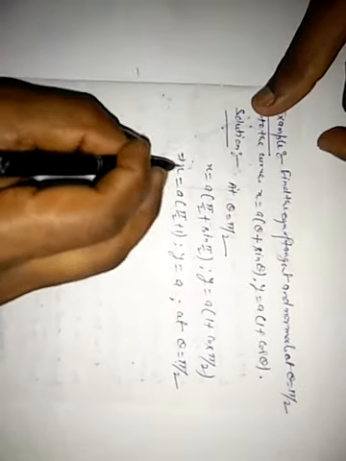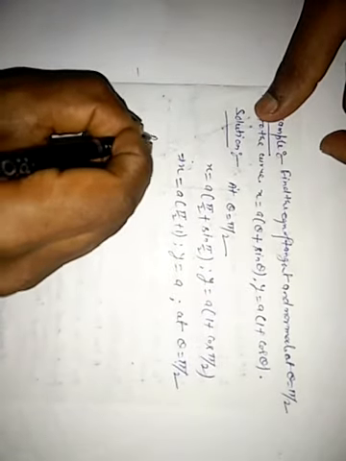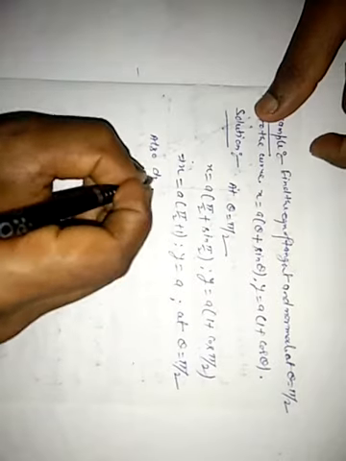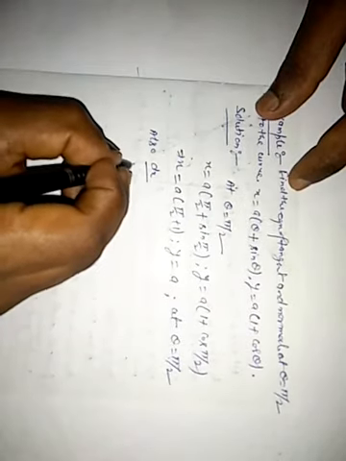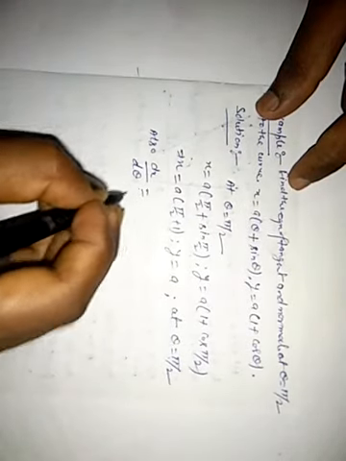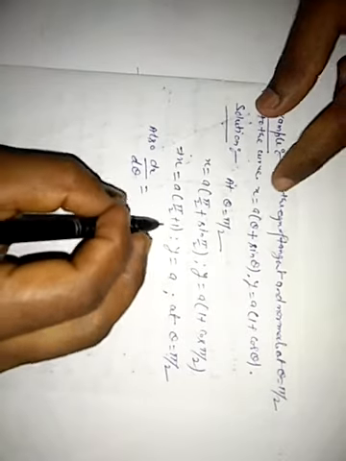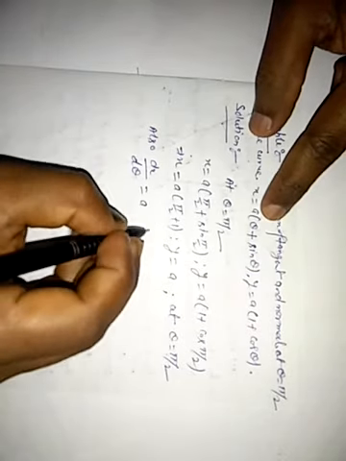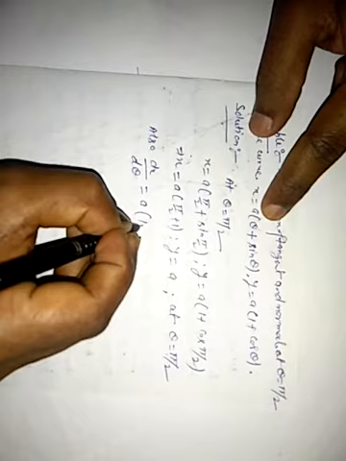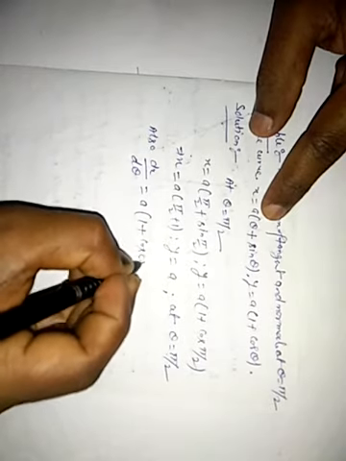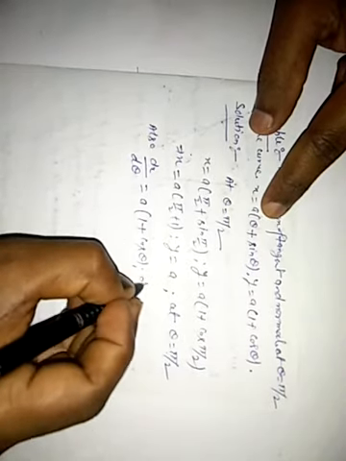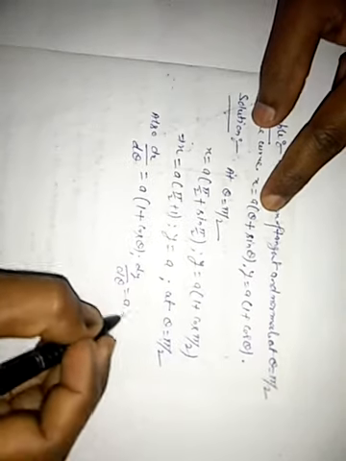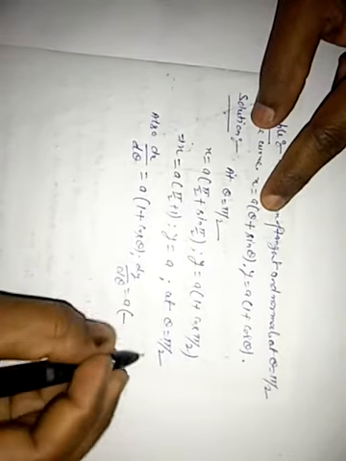And also dx upon d theta is equal to a times 1 plus cos theta, and dy upon d theta is equal to minus a sin theta.